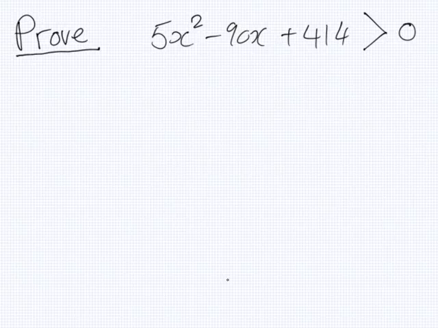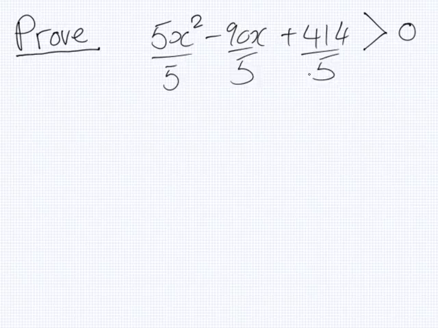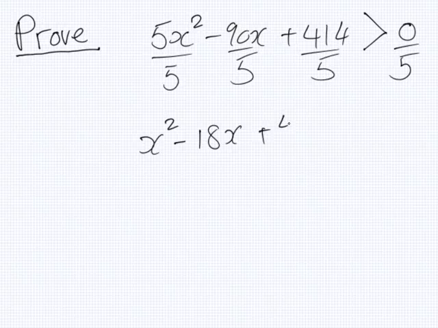Completing the square. Watch. First, I divide everything by 5. So now I get x squared minus 18x plus 414 over 5 bigger than 0. Okay. This is x minus 9 squared.